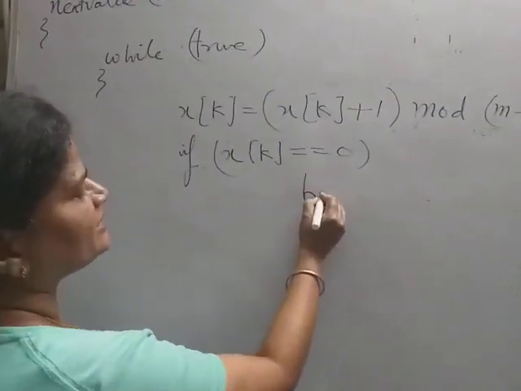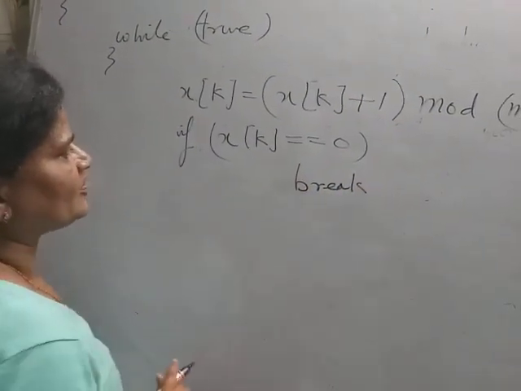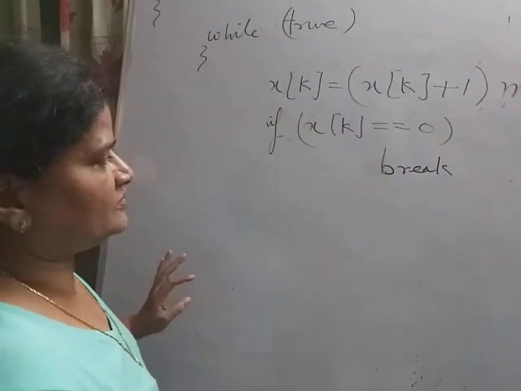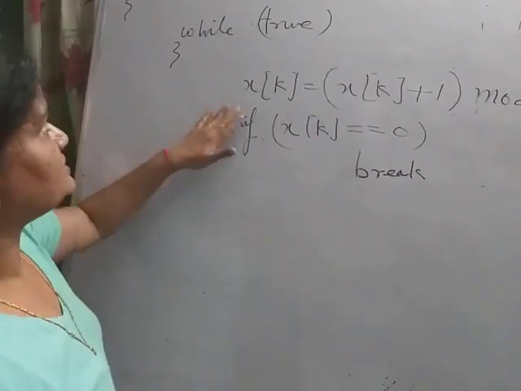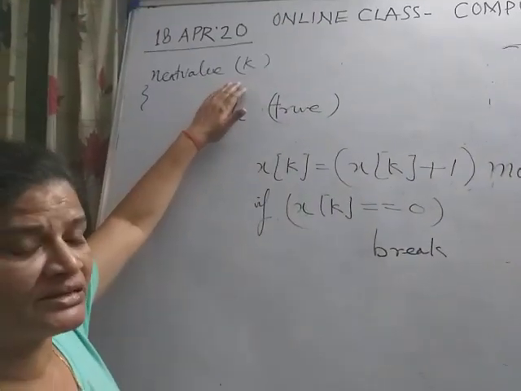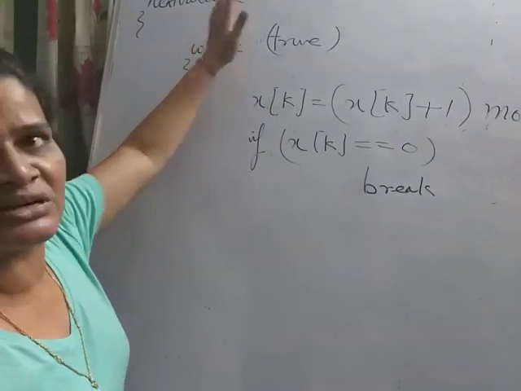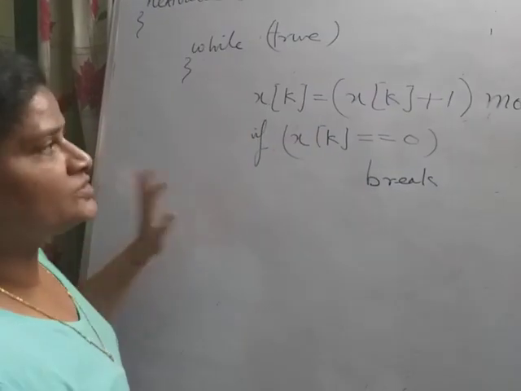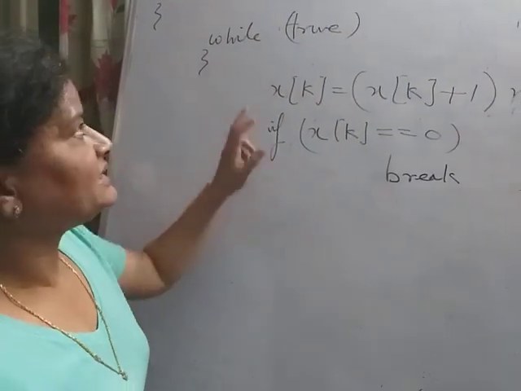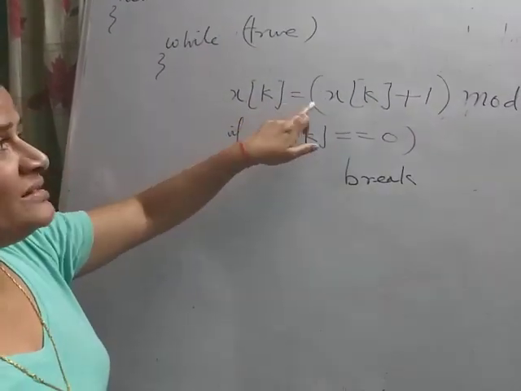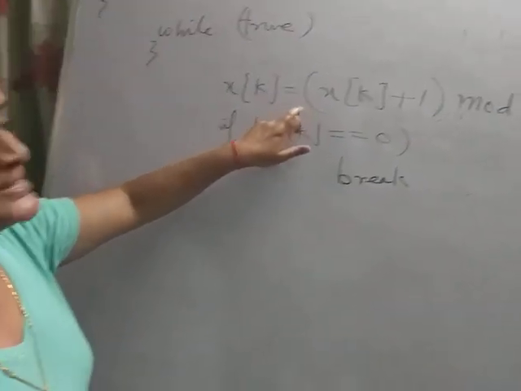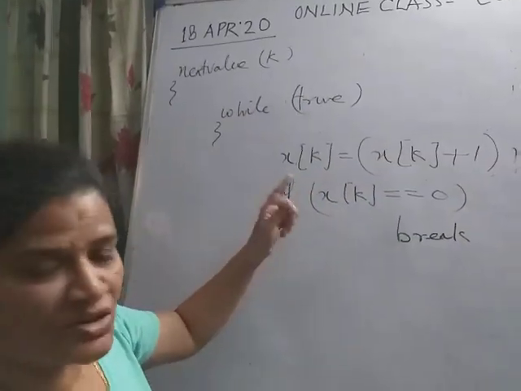So here break. Okay. And if xk is not equal to 0, then because before calling this function, x1, x2, so on up to xk minus 1 vertices have already been colored, we check whether the color generated by this function is different from the adjacent vertices or not.